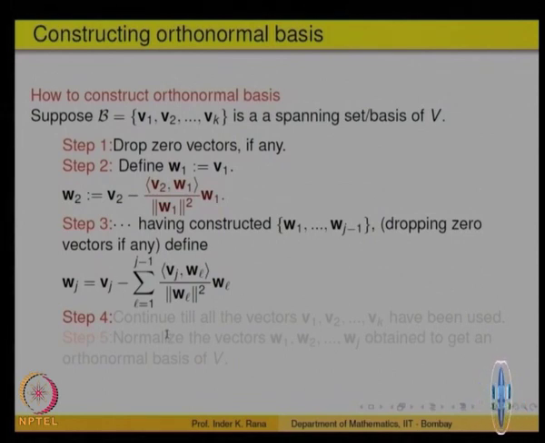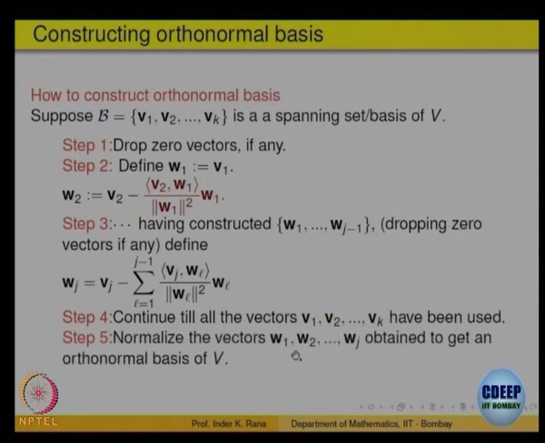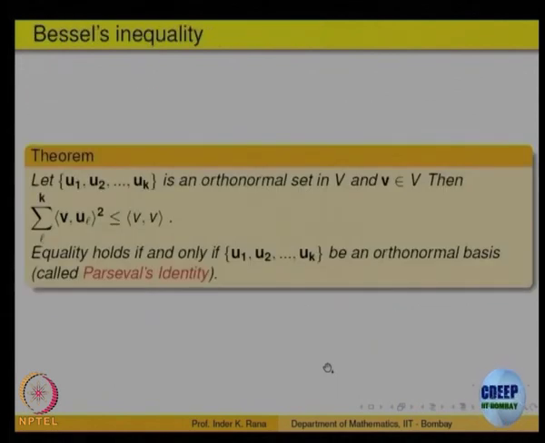Continue this process till you have finished all the vectors V1, V2, ..., Vk. You will get a set of vectors W1, W2, ..., which will be orthogonal, none of them will be 0, and which will span the same space. Once you have that, you normalize them to form an orthonormal basis. That is the process of constructing an orthonormal basis from a given one, and we had looked at examples of that. So we will continue with the further ideas.